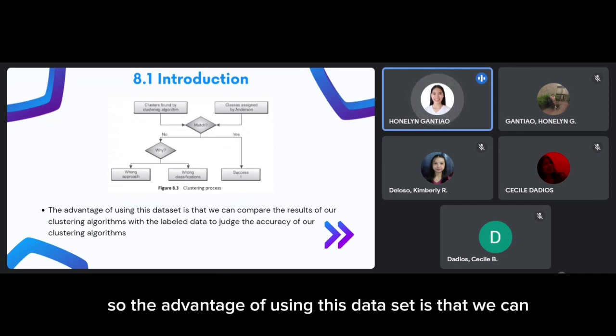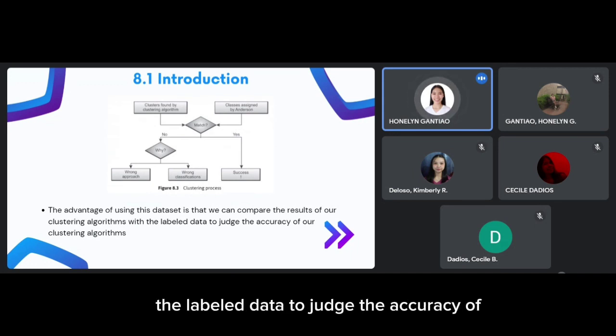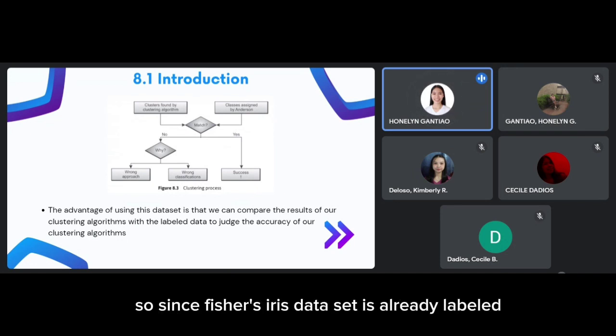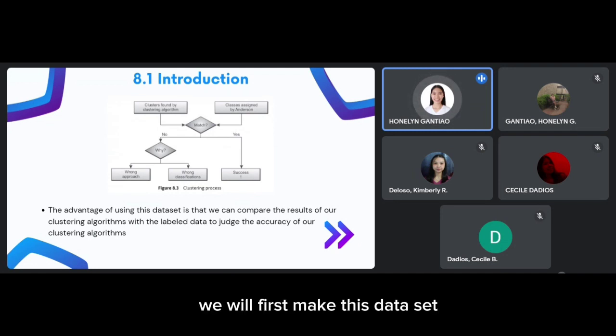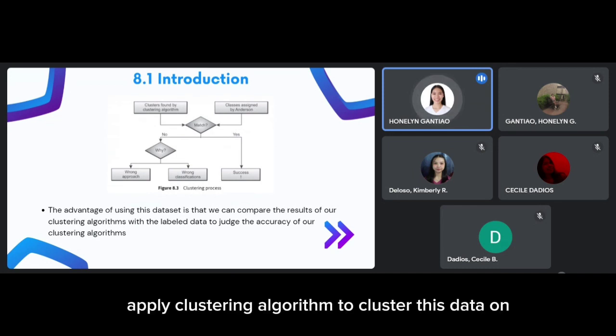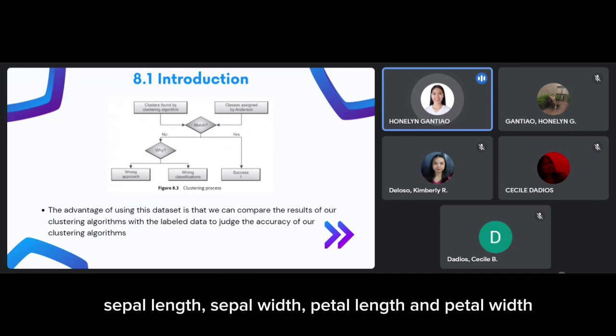The advantage of using this dataset is that we can compare the results of our clustering algorithm with the labeled data to judge the accuracy of our clustering algorithm. Since Fisher's iris dataset is already labeled, we will first make this dataset unlabeled by removing the class attribute, for instance the species column. Then we will apply the clustering algorithm to cluster this data on the basis of its input attributes, for example sepal length, sepal width, petal length, and petal width.